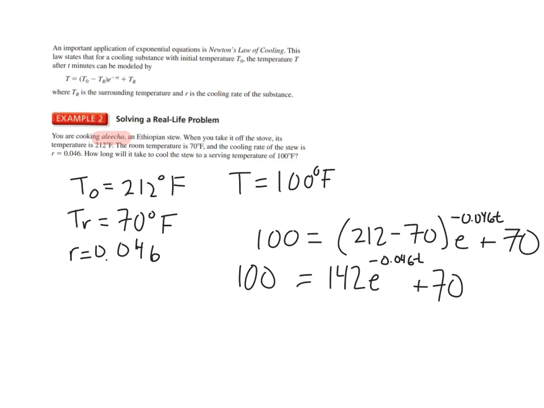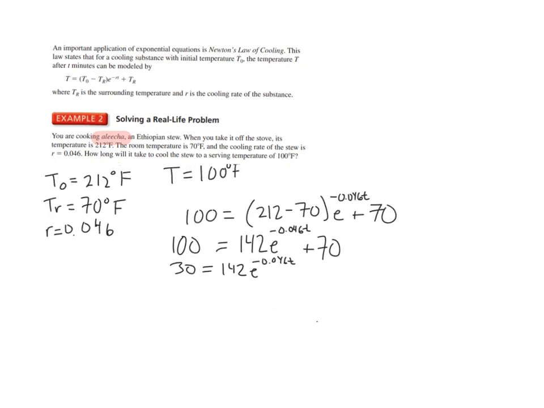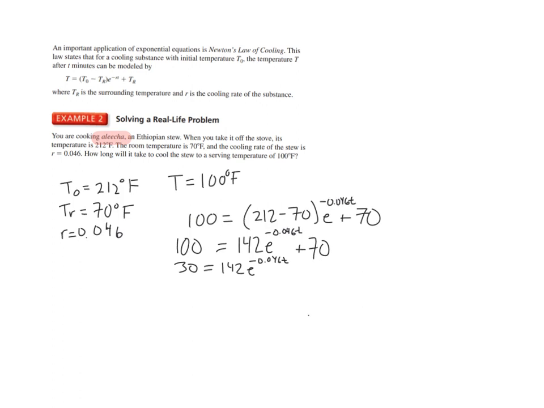So I have 100 minus the 70, that's 30, right? So that's going to give me 30 is equal to 142 e to the negative 0.046 t. Okay, and let me kind of shrink things a little bit so I have some more room here.